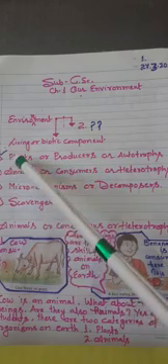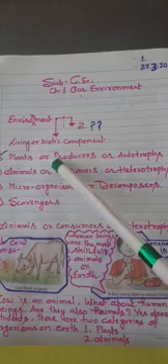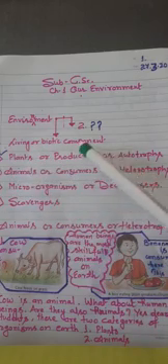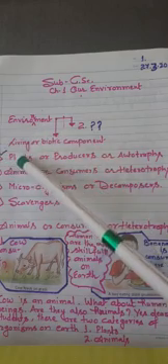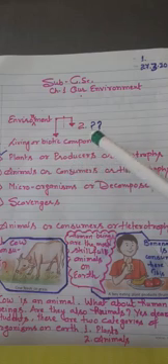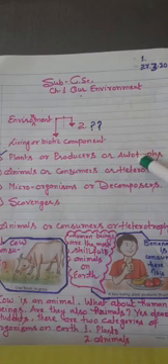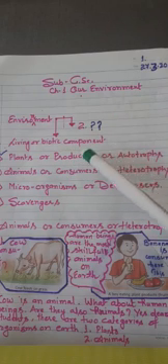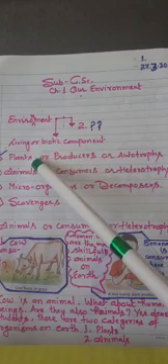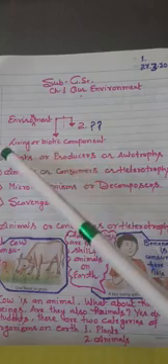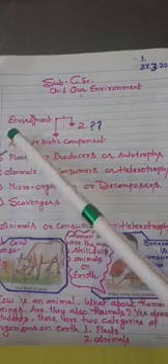Dear student, first part, plants or producers or autotrophs, is already discussed by us in detail. Why they are called producers or autotrophs, what is the process of photosynthesis, what is the equation for photosynthesis, all these topics are done by us. That's why I put the tick mark there.